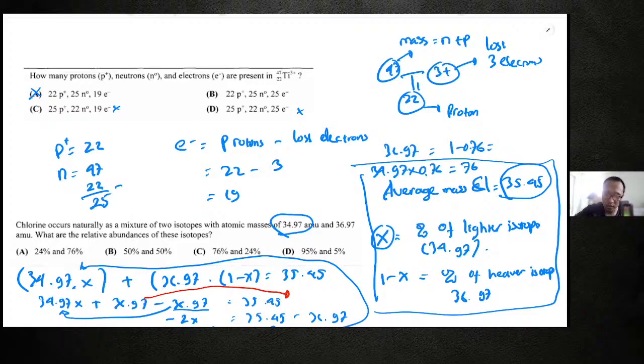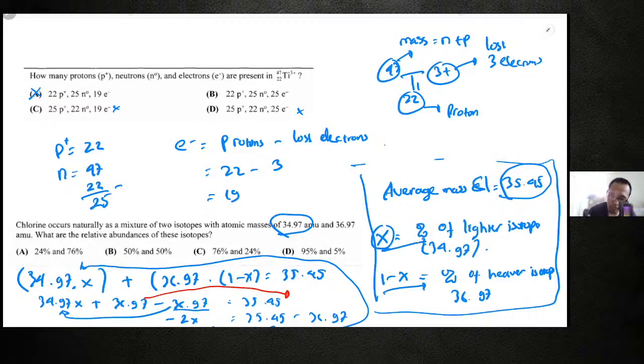Oh no, I'm getting messed up over here. So we assume X is itself, and this is the other one. So X for the lighter isotope is 0.76, and the heavier is 1 minus X, which ends up being 0.24. So the answer should be 76% and 24%.